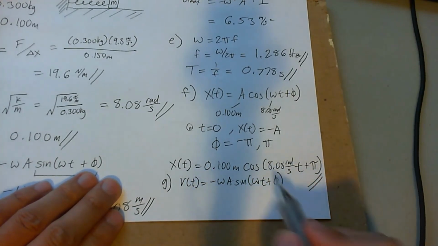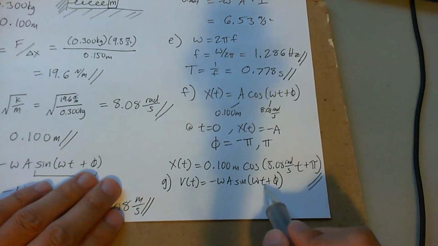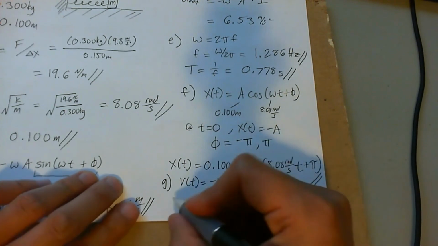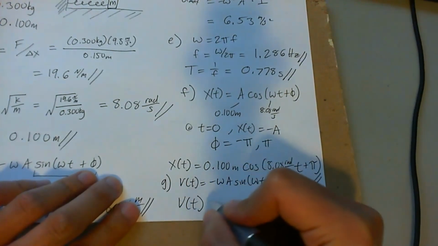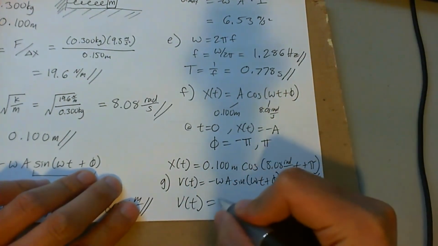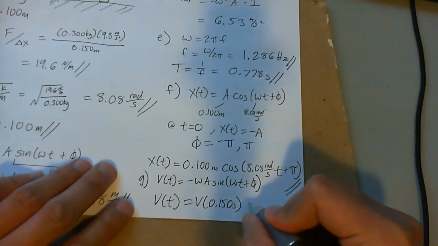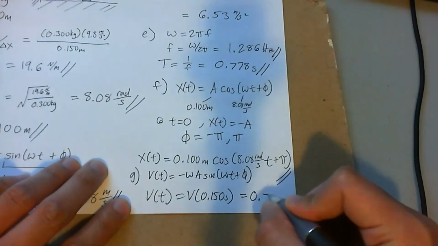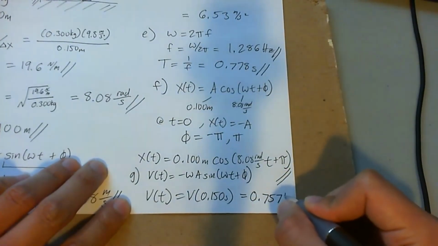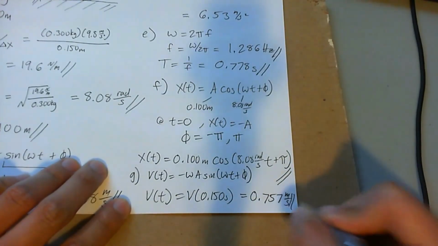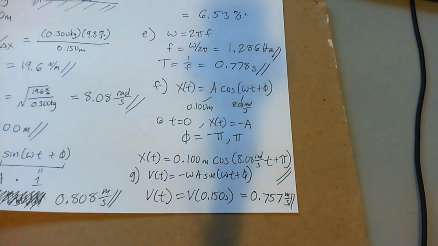So this is really easy. Plugging in t of 0.15 seconds, we're going to get 0.757 meters per second. And that is the answer to part G.